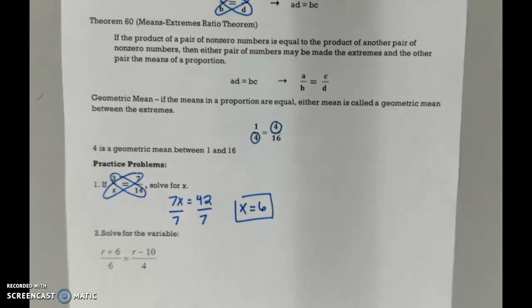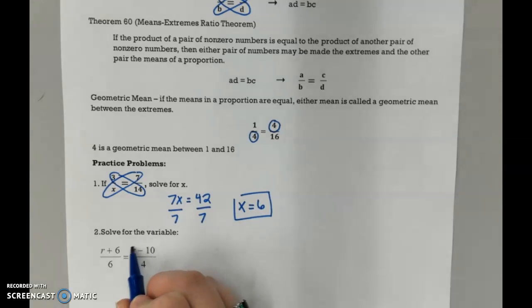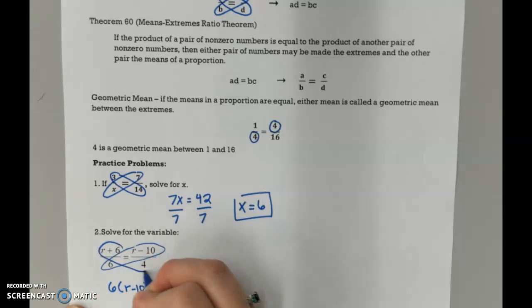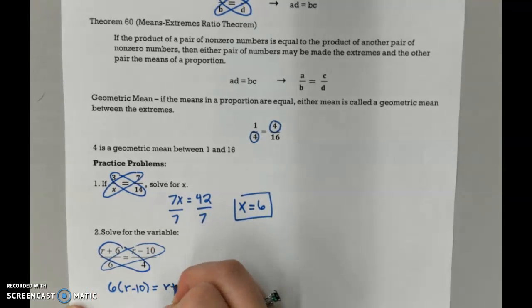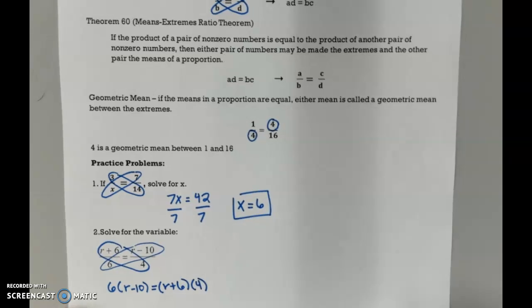Now the next one looks a little bit trickier, but it's the same approach. I'm solving for the variable. In this case, it's r. So again, I'm going to cross multiply. I'm going to have 6 times r minus 10 is equal to r plus 6 times 4.